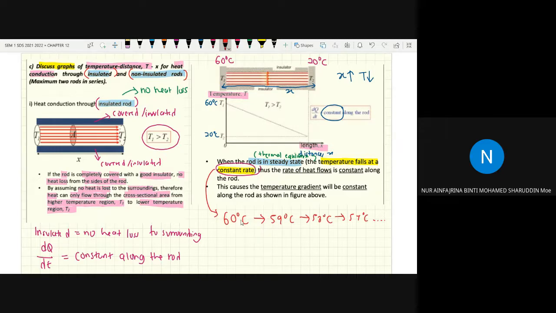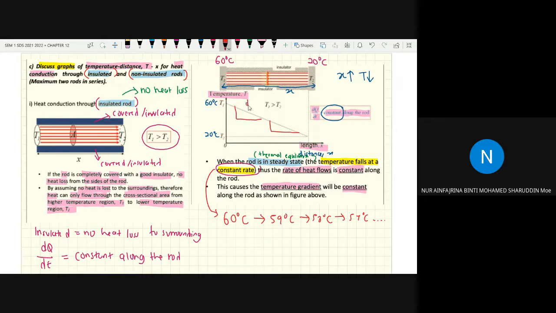So when the temperature falls at a constant rate, it means the rate of heat flow is constant along the rod. That's why it says here, rate of heat flow constant along the rod. This causes the temperature gradient to be constant as well. Why temperature gradient? You need to understand what temperature gradient is. From this temperature-length graph, Miss can find its gradient.